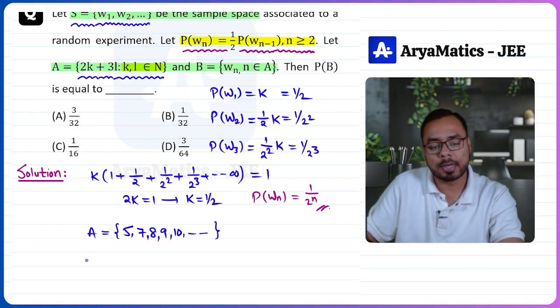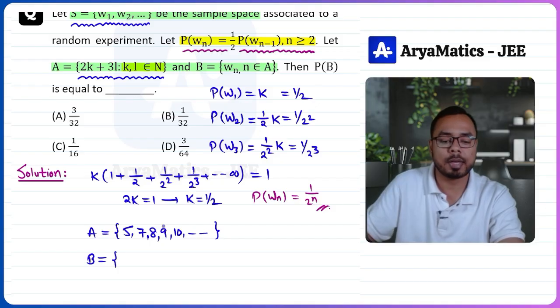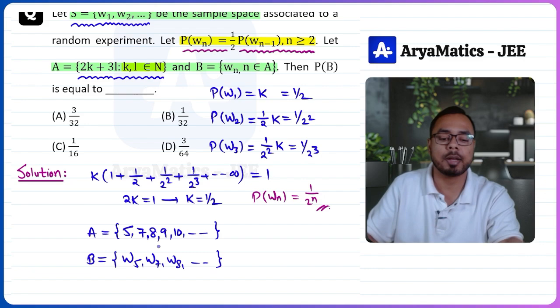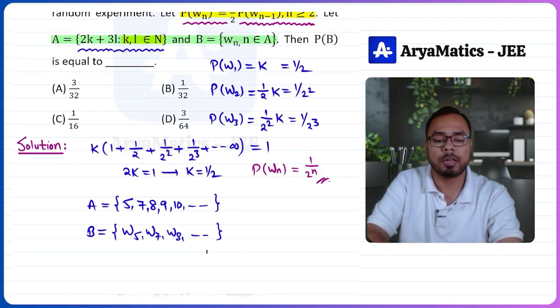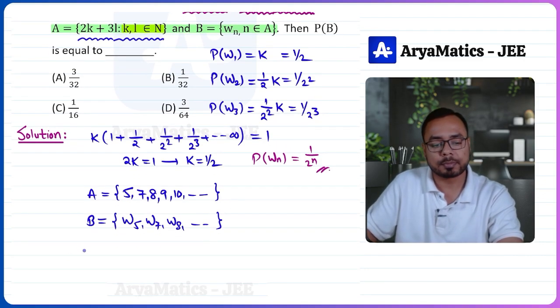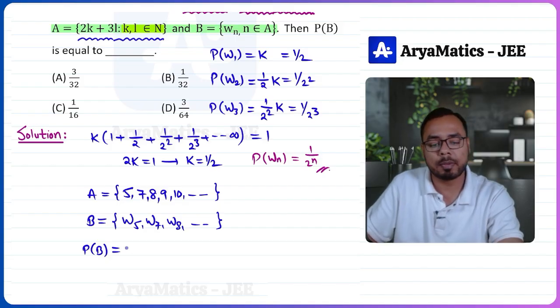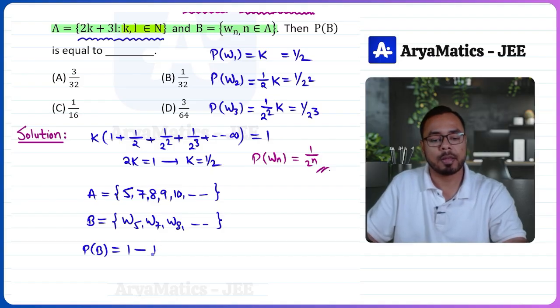Now, B is the set containing all these events omega n, where n is taken from set A. So that means B is omega 5, then omega 7, omega 8, and in this manner it will continue up to infinity. And now the question is, what is the probability of this event B? The sum of all the probabilities starting from 1 up to infinity will be 1. So probability of event B will be 1 minus the probability of all those events which are missing in this set.